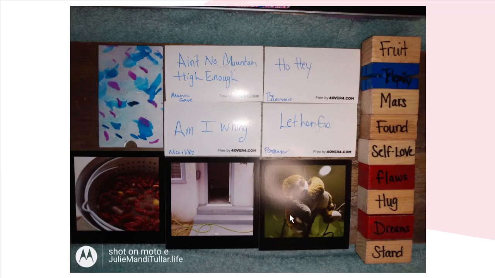Now these pictures are simply meant to be pieces of information that will clue you into this being your reading. So we've got some crawfish, a doorway with a cord running across it, and the door's open, so maybe there's some work going on, a project being done in and out of the house, so the door's left open.